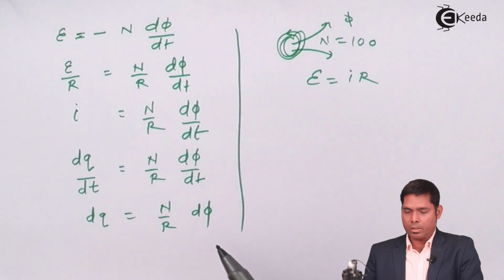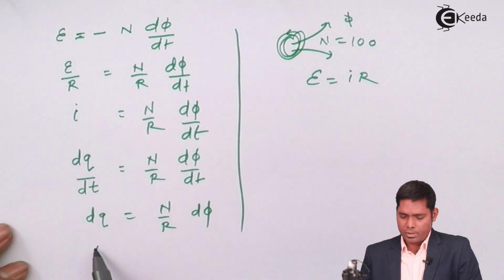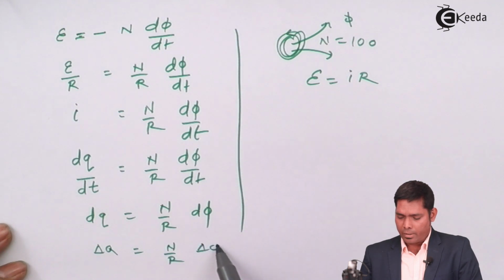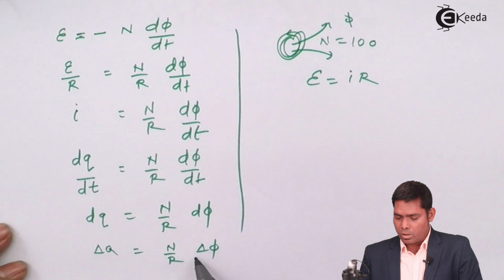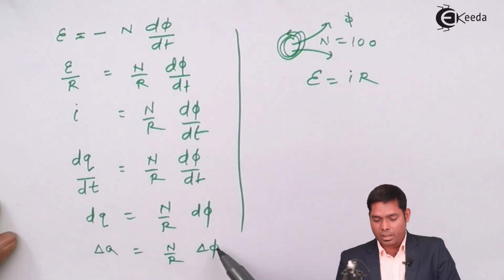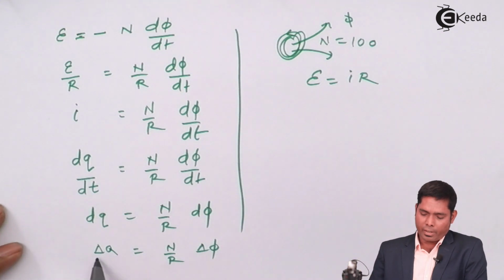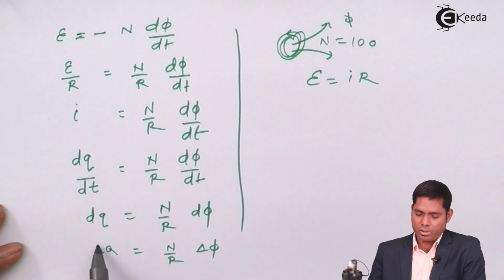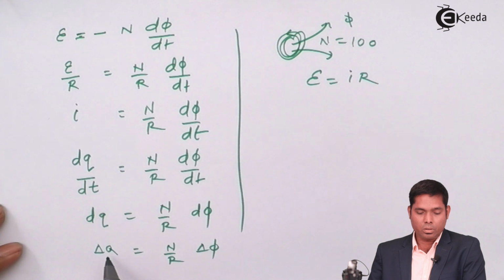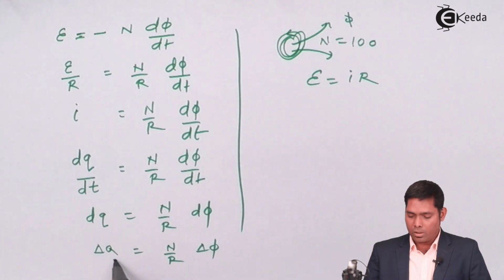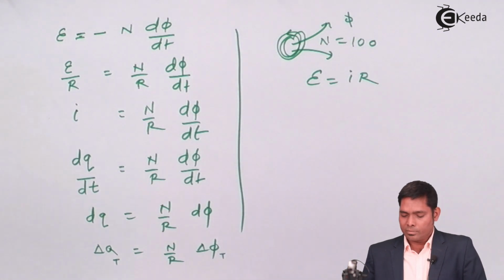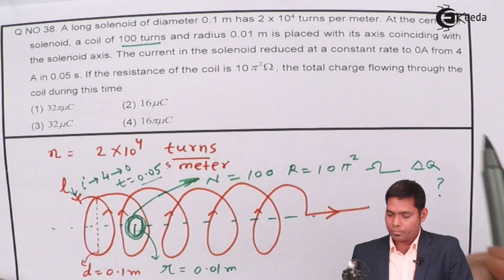So this formula can also be written as delta q equals N over R times delta phi. If I can find the total change in flux, then I can find this delta q, the total charge that has flown.